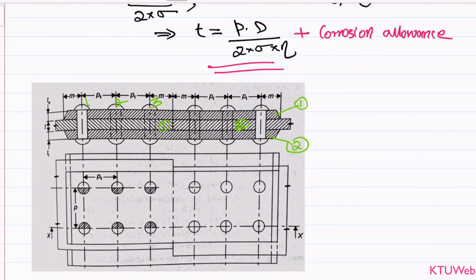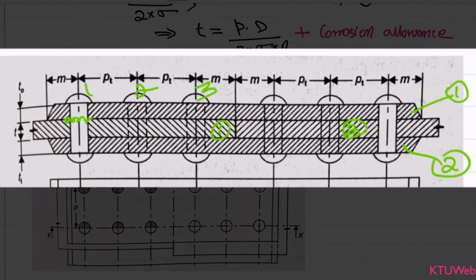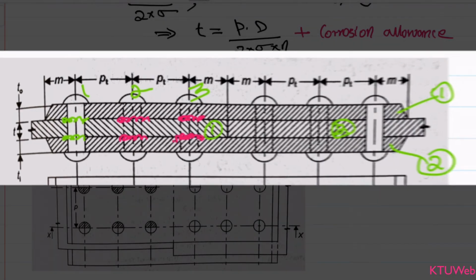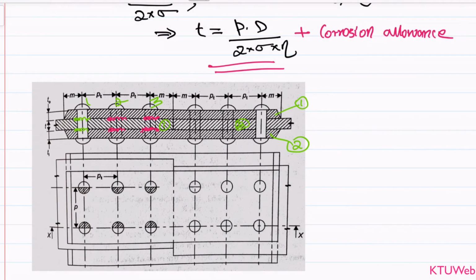When we take rivet number 1, we have double shear, two shear planes, and the same is applicable for rivet number 2 and rivet number 3. We have 3 rivets per master plate, that is triple riveted, and among those 3 rivets all are in double shear, and there is no rivet in single shear.